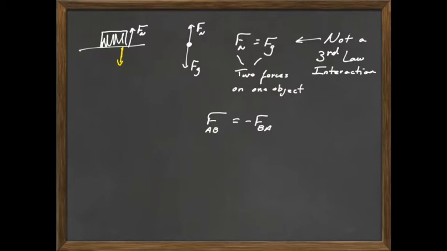Put it this way: you're touching the surface, so the surface is pushing up on you. The ground is touching your surface, so it has a normal force pushing back on it. And those two are what make it a third law interaction, not the two forces that are just acting on the box. Okay, and so that's very important.